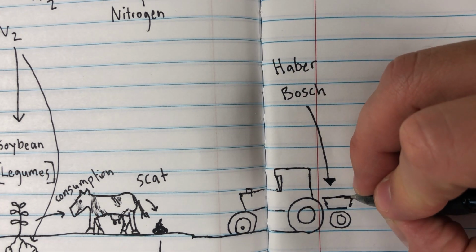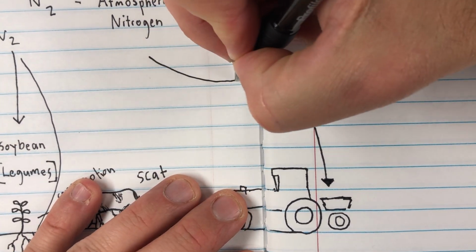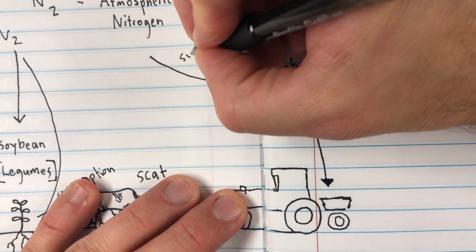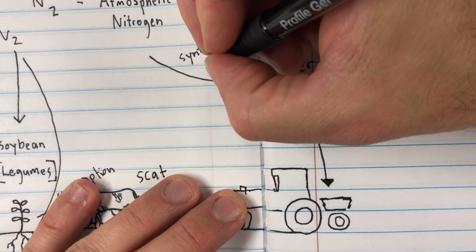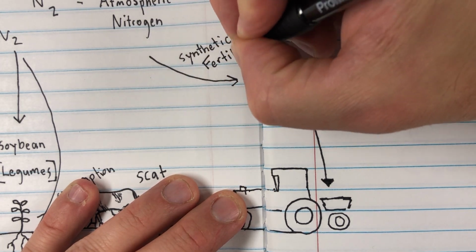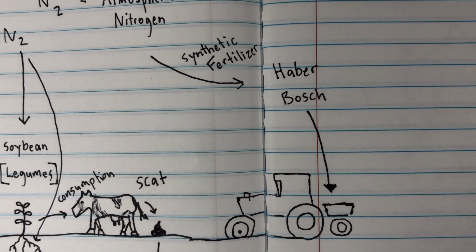Okay, so synthetic fertilizer. Okay, so nitrogen became synthetic fertilizer through this process, the Haber-Bosch process. And it's still explosive.